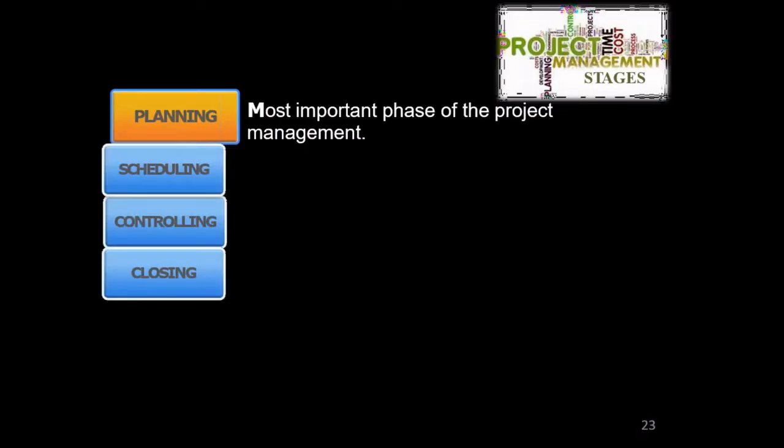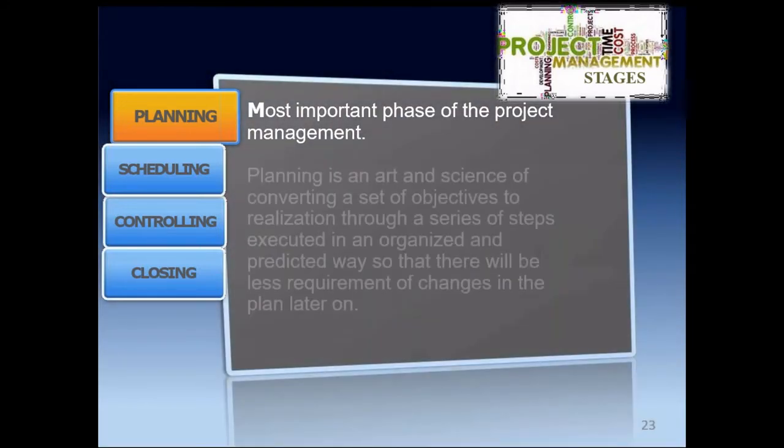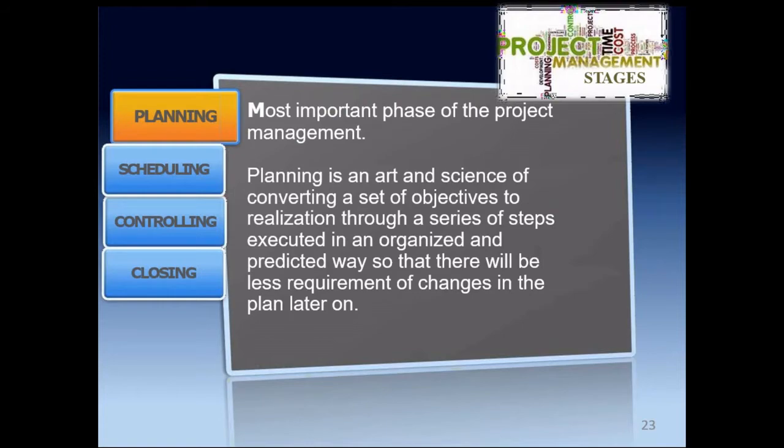So in the project management process, we have discussed that there are four phases: planning, scheduling, controlling, and closing. So what is done in planning? Planning is the most important phase of the project. Planning is an art and science of converting a set of objectives to reality.